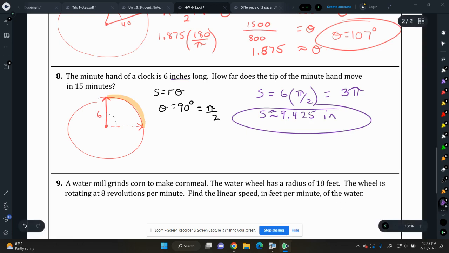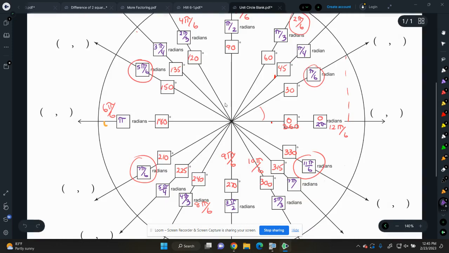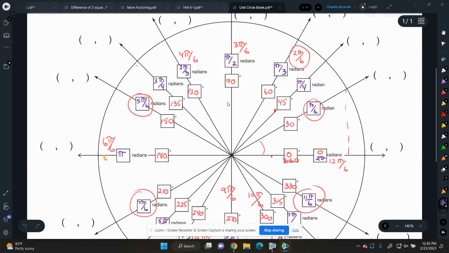Okay, let's take a quick look at our unit circle. I really thought I had uploaded it. Oh, there it is. Okay, our unit circle. I'm going to erase some of this and go through it with you. The videos that you're going to watch tomorrow, a couple of them are actually going to talk about how to fill in your unit circle.